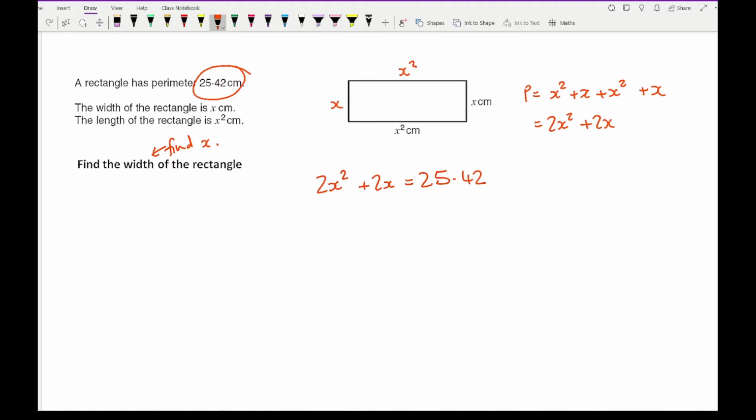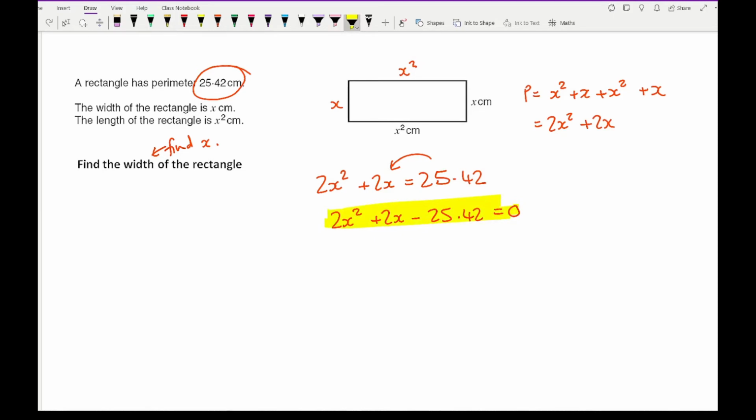Now this is where it starts to look like a quadratic, so I need to take that over to the side to make it equal to 0. So I've got 2x squared plus 2x minus 25.42 equals 0. And that is my equation that represents the perimeter of this rectangle.